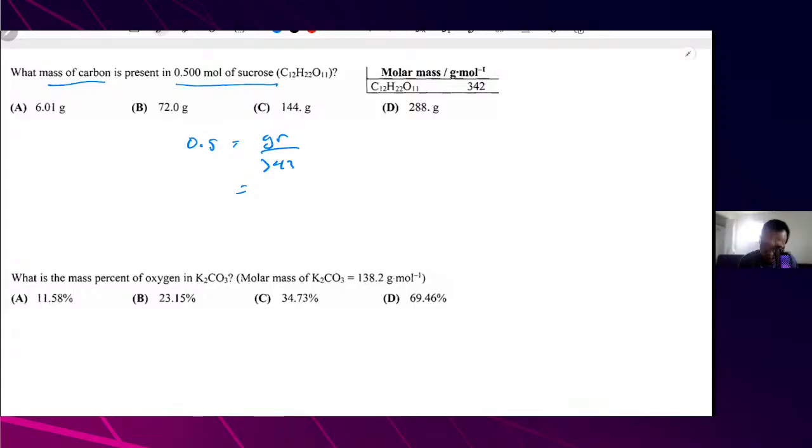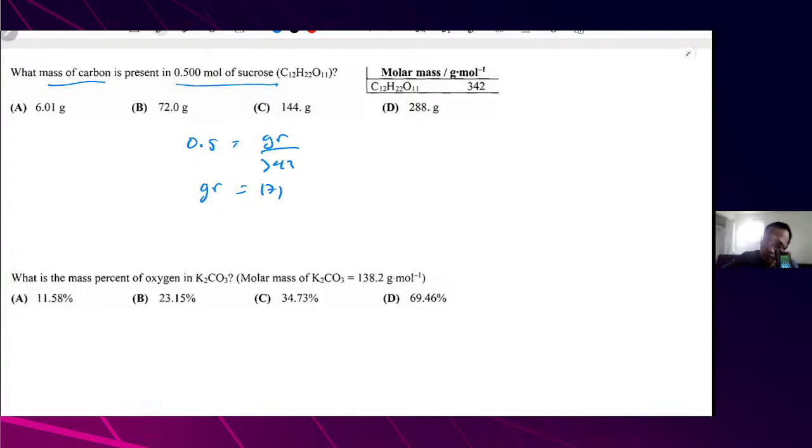So we end up with 0.5, like the gram is 171, but it's just 12 carbon. So how to determine that one? Or maybe we can use another approach.